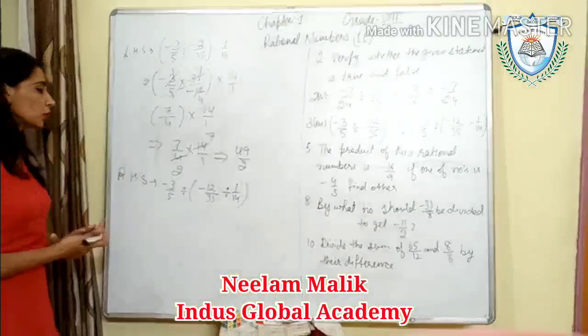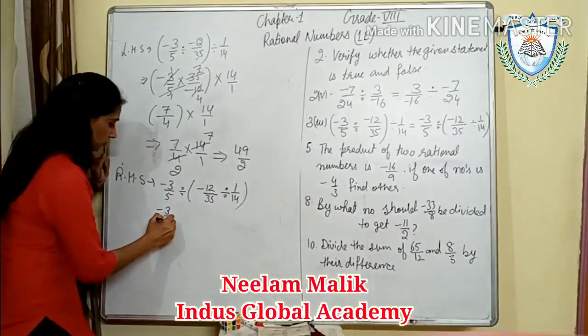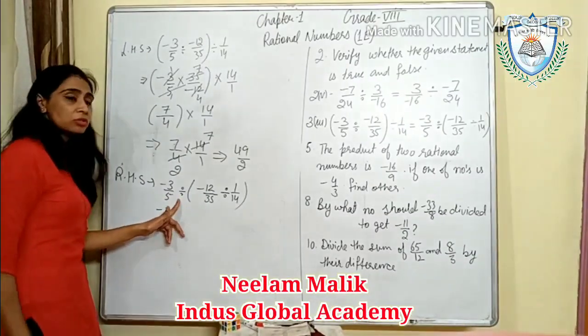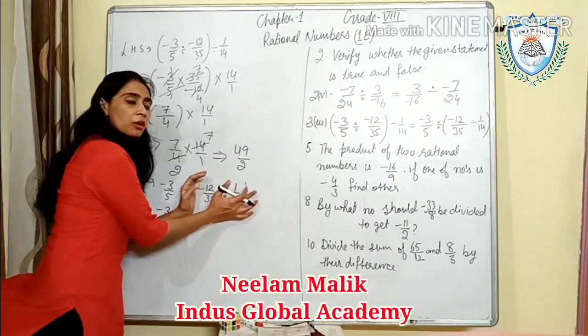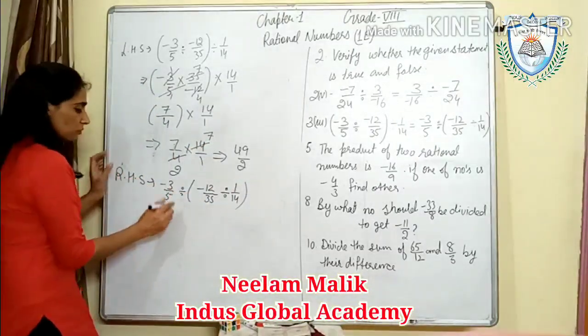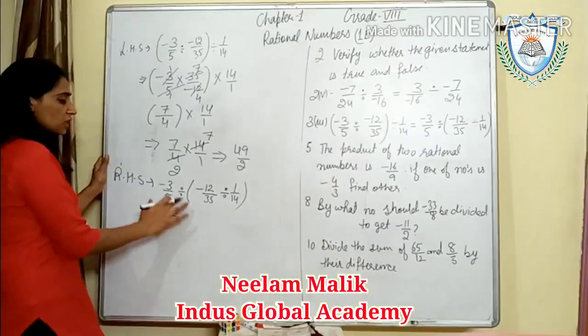Okay, 1 upon 40. So first we will solve this one. Here will be minus 3 upon 5. Here you will not convert this into multiplication, because whatever we get from this bracket will be the reciprocal. So I will not change this now. When I solve this, after that I will change this sign.